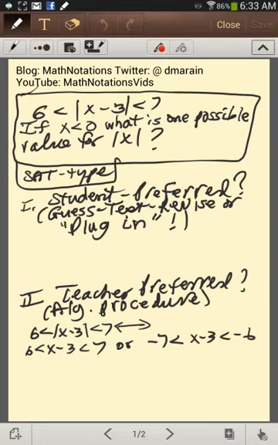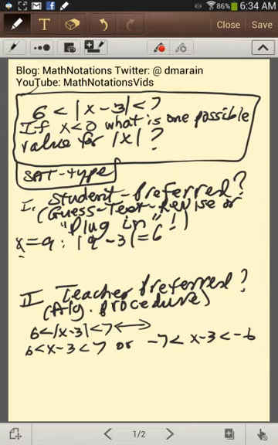A few will think of standard procedures that were taught in school, but many of the test-wise students will think about what values of x will make this inequality at the top true. And they might try x equals 9, and the absolute value of x minus 3 in this case would equal 6, but we want it to be greater than 6.